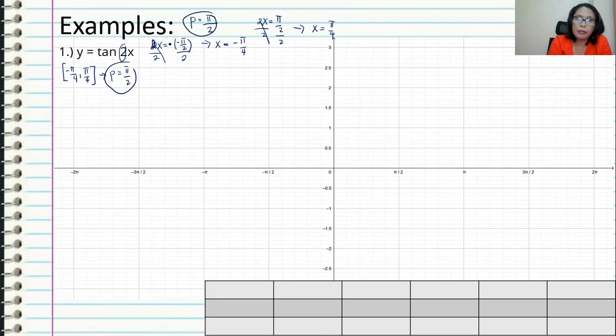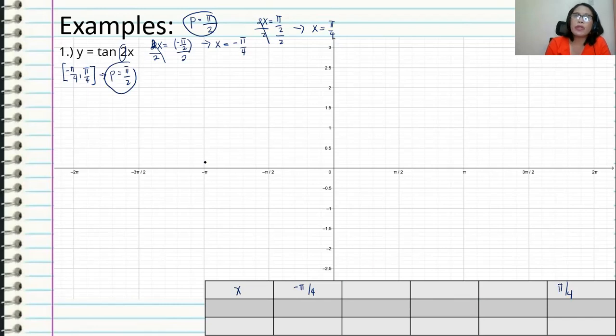Okay? Now, from negative pi over 4 to pi over 4, we will come up with x coordinates or values of x. So, for example, we have x here and then negative pi over 4 until pi over 4. And then we will locate the middle points here.